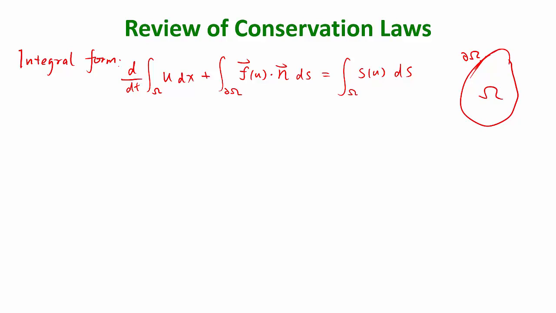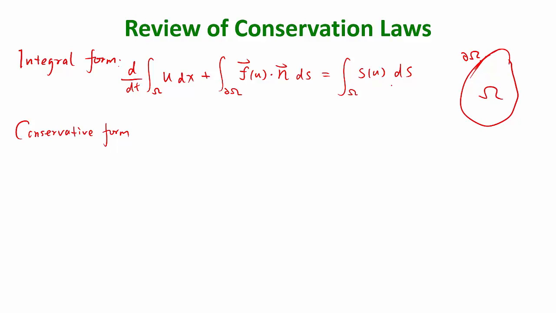From the integral form, which holds for any control volume, we can derive the conservative form. The conservative form takes the integral form and uses the divergence theorem to convert the boundary integral into a volume integral. And by doing that, all the three terms in the conservation law become volume integrals.